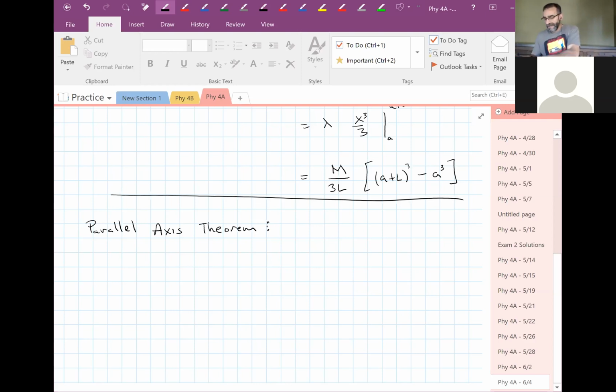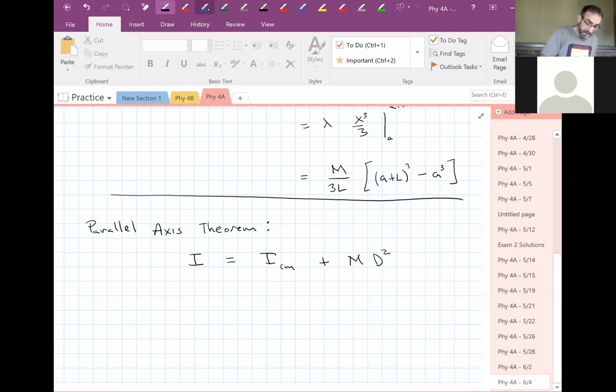So let's take a look at this situation here. Well, let's just write it out. I about some other axis, a parallel axis, is equal to I center of mass plus md squared.